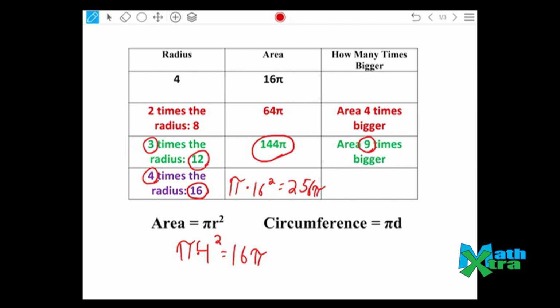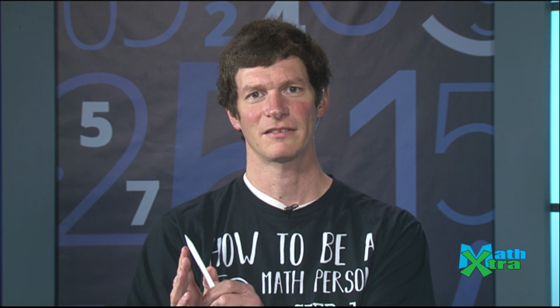Now, luckily I've prepared before the show, and I know that 256 pi divided by our original area of 16 pi is 16 times bigger. So, whatever factor we multiply the radius, we actually multiply the area times the square of that factor. And that's because we're squaring the radius. So if we multiply the radius by a factor, we're also squaring that factor.